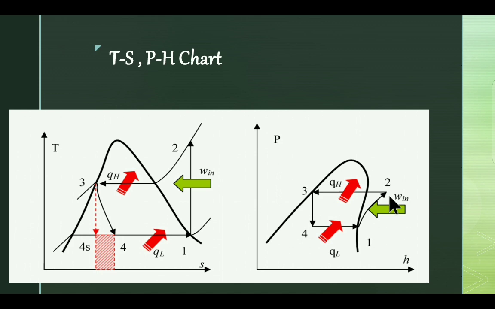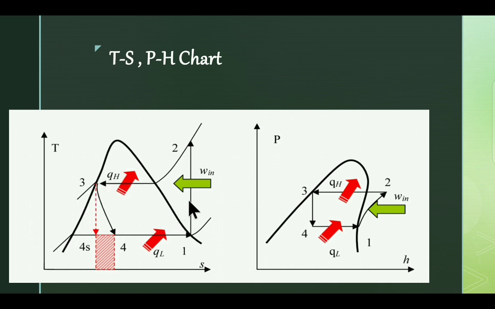Coming to the process 2 to 3, heat is exhausted from our system. In the condenser the heat is exhausted into the surroundings. You can check the thick line. This is called the saturation line.